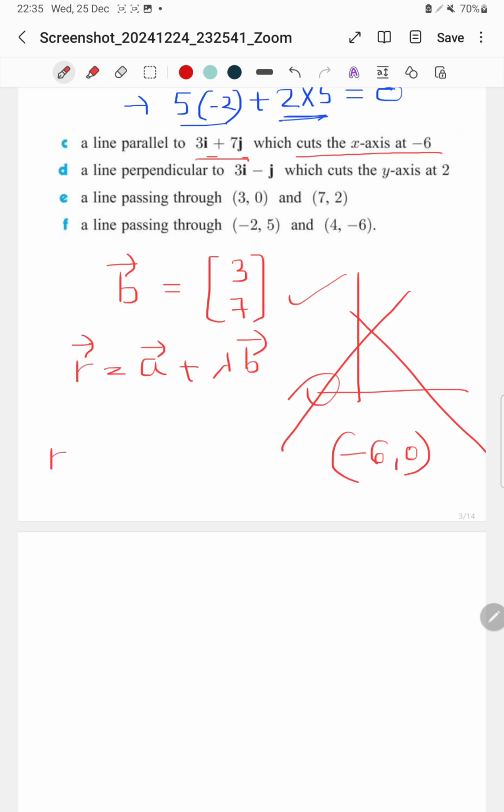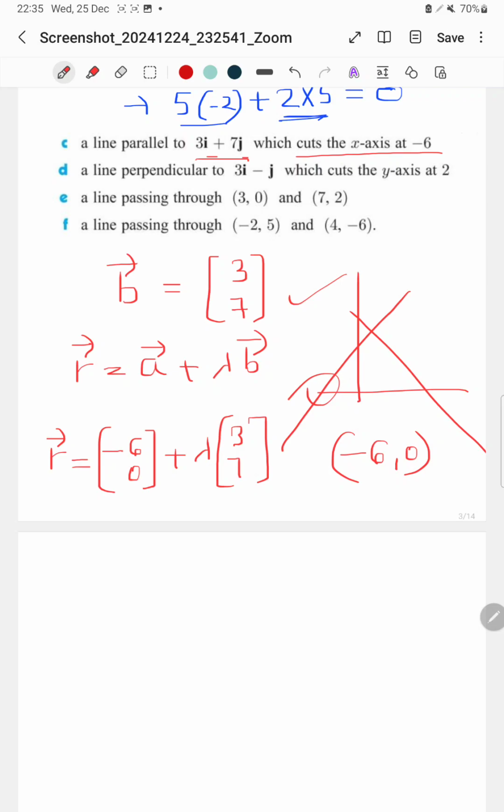So what I will be writing as a final equation, I'm going to write only the vector equation. So r is equal to -6, 0 plus lambda times, where lambda is a scalar, 3, 7. Okay, so this is done.